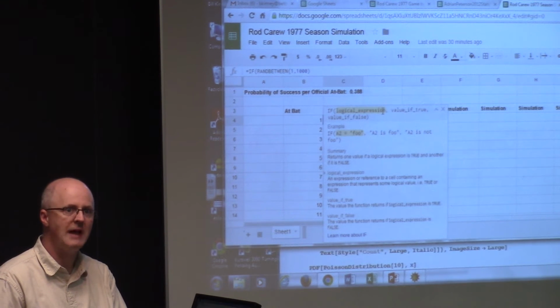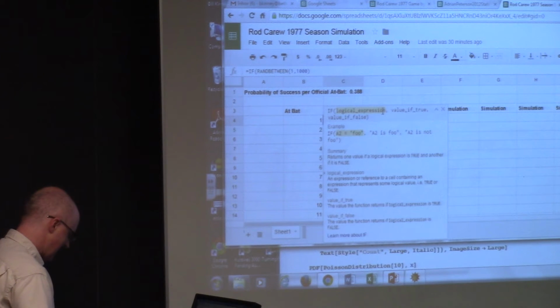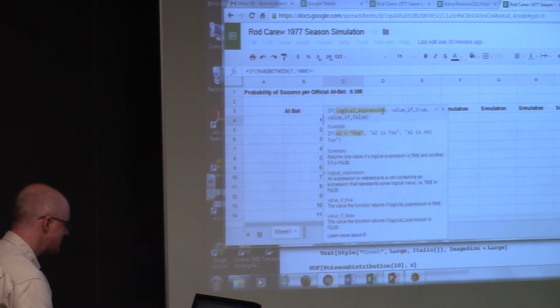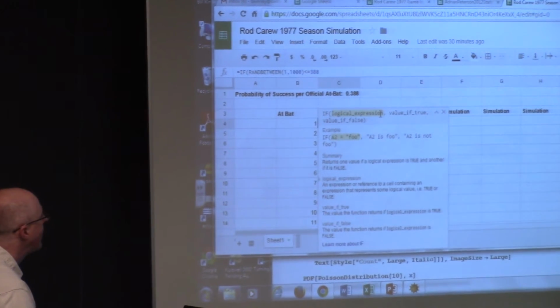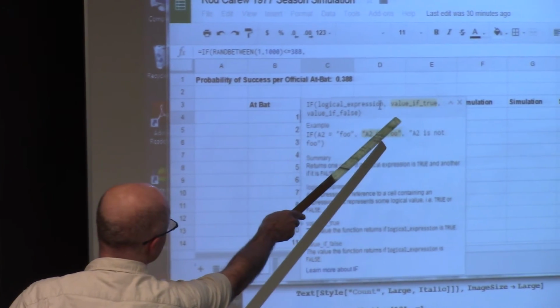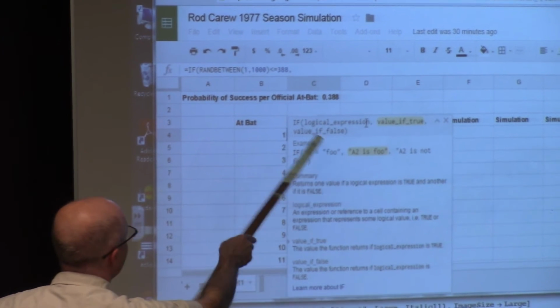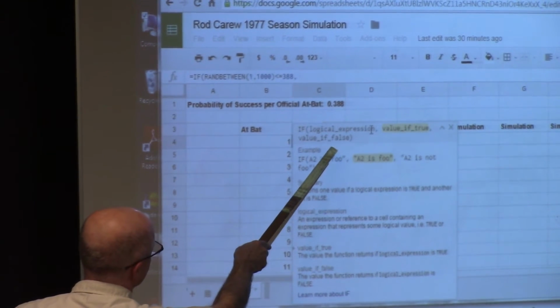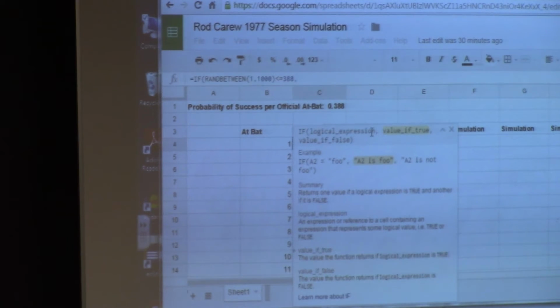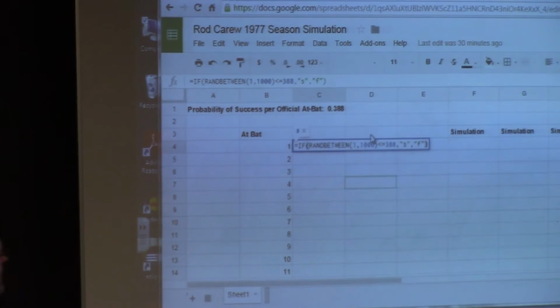So I could use equals RANDBETWEEN from 1 to 1,000. If that thing is less than or equal to 388, what value do I return? If that's true, I return an S for success. Else, what do I return if it's false? I return an F for failure. I think I need to put them in quotes.